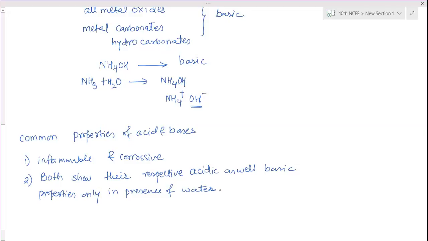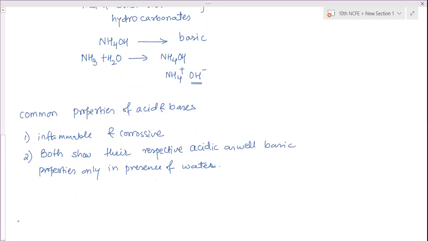Based on this, a question is asked. What is that question? Now you tell the questions. What questions are asked on this property?